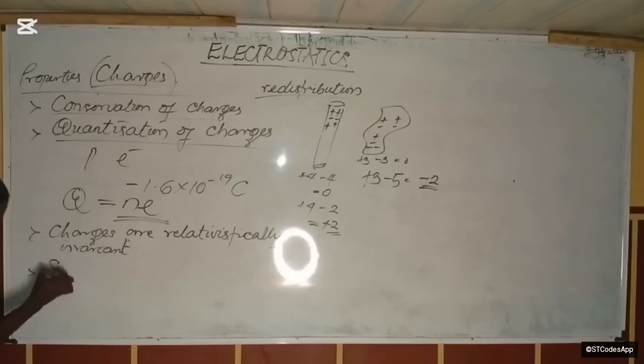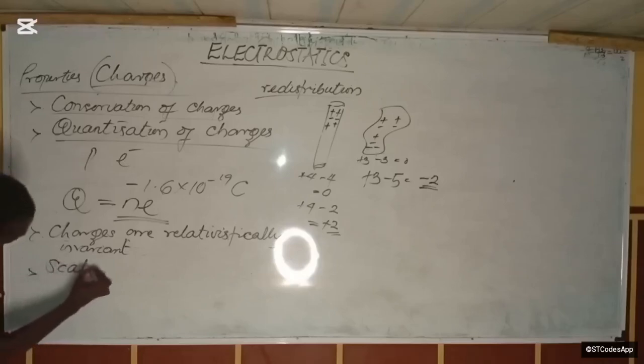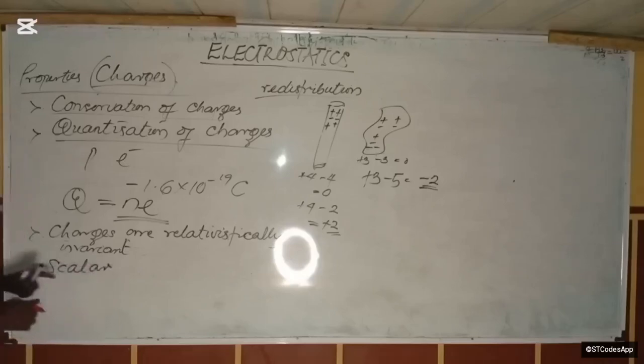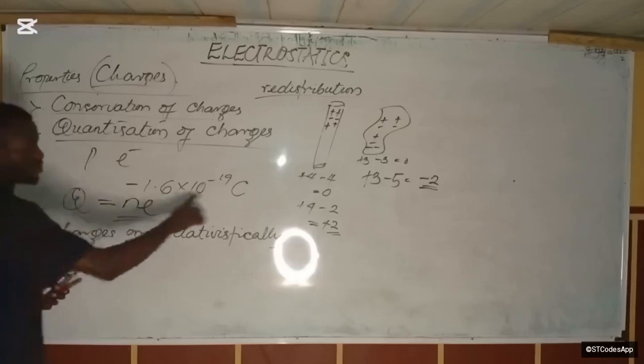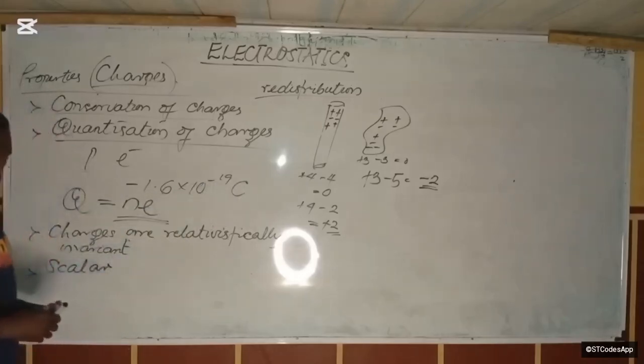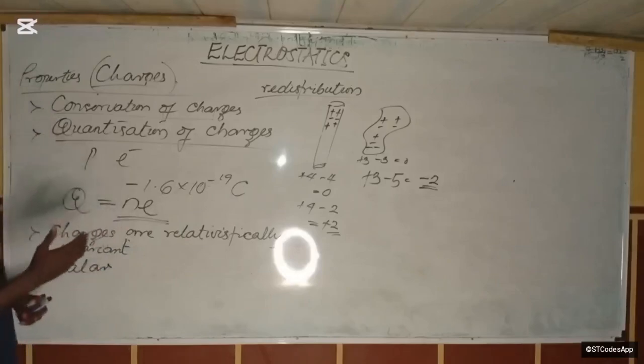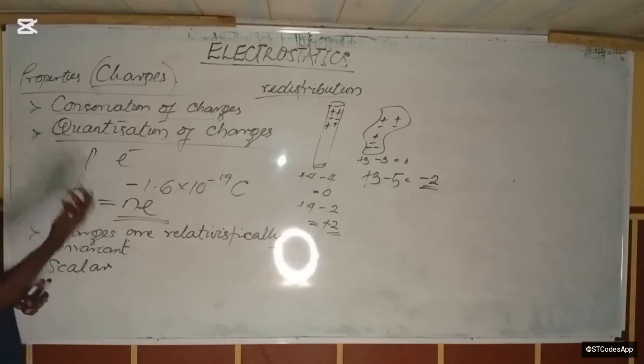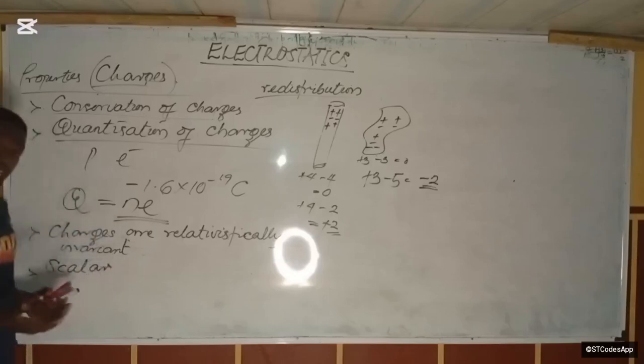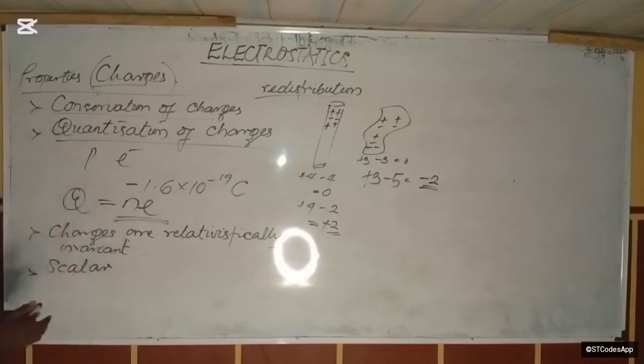Another thing is that charges are fundamentally scalar quantities. That is, they have magnitude measured in coulombs. We're soon going to get to what a coulomb is. So they are scalars, meaning that they have only magnitude but no direction.